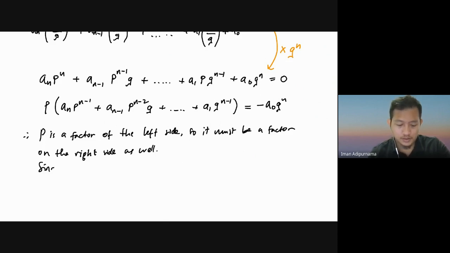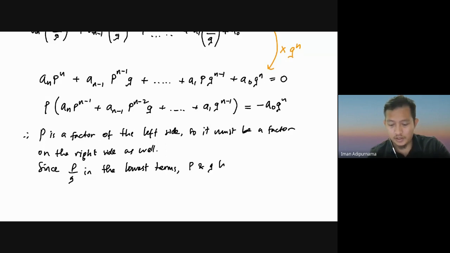And since p over q is in lowest terms, p and q have no factor in common.